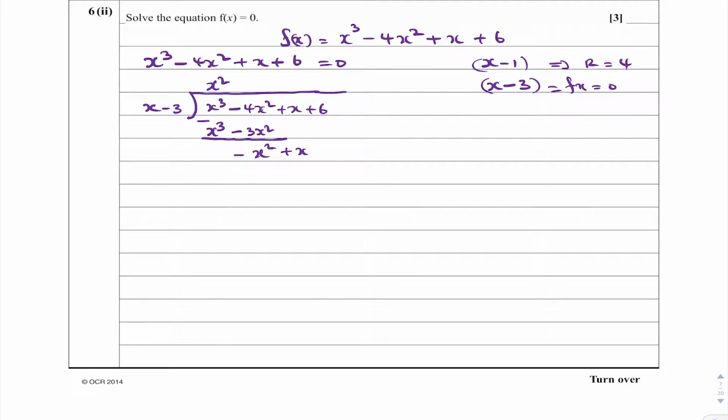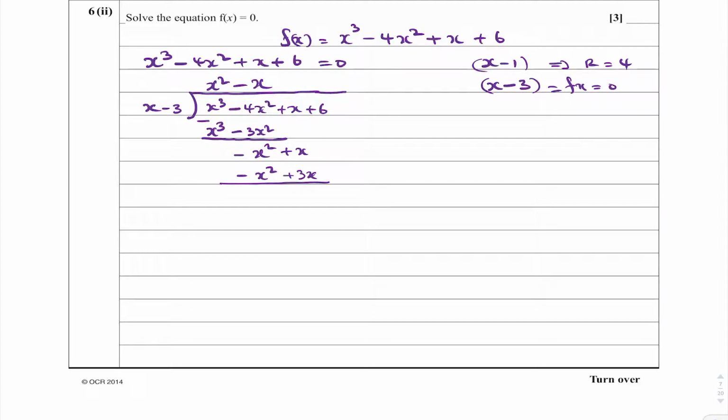So we need to multiply x minus 3 by minus x. Minus x times x will give us minus x squared. Minus x times minus 3 will give us plus 3x.